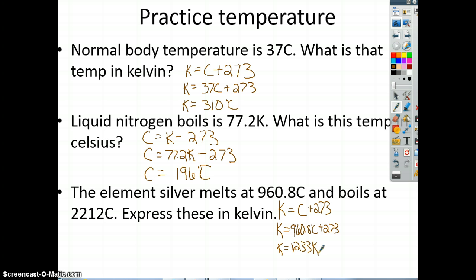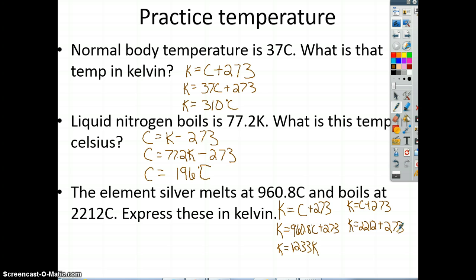Okay, I have to write down my formula. I'm still using the same formula. This time it's 2,212 plus 273.